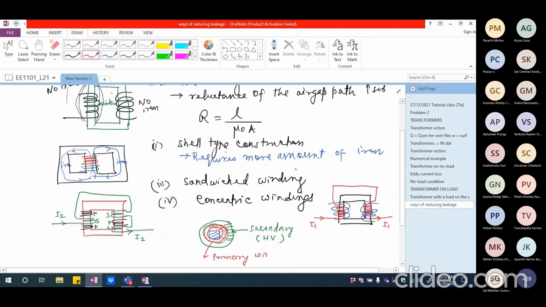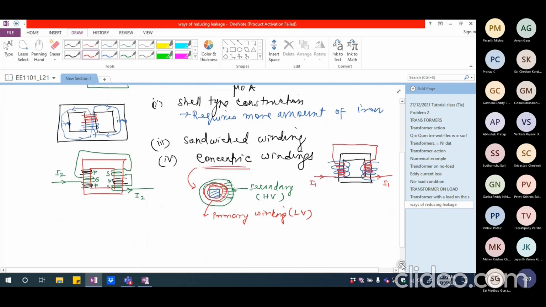So this will be the primary winding, which is actually a low voltage winding, put inside, and the secondary winding will be arranged around this. So it looks like concentric circles. That is the reason why we call this concentric windings. One winding will be surrounded by the other.